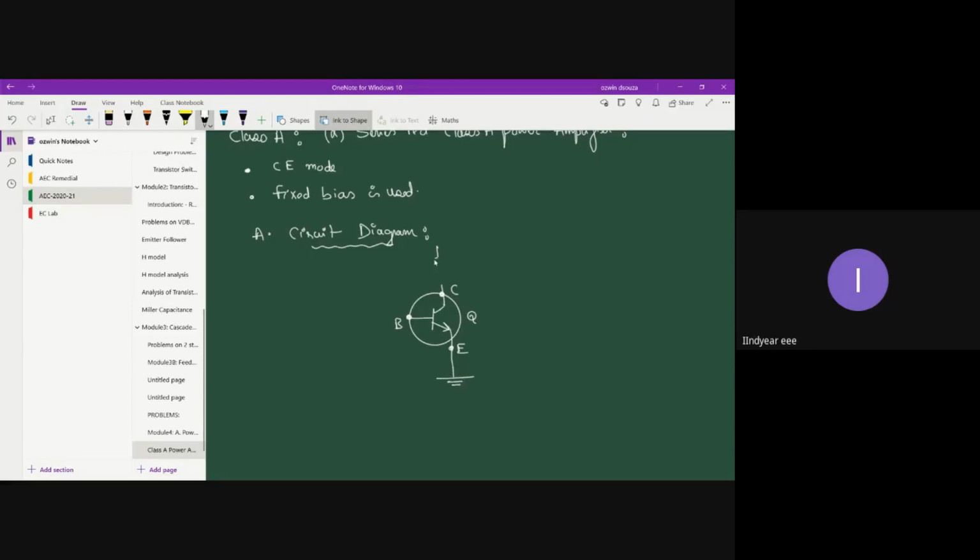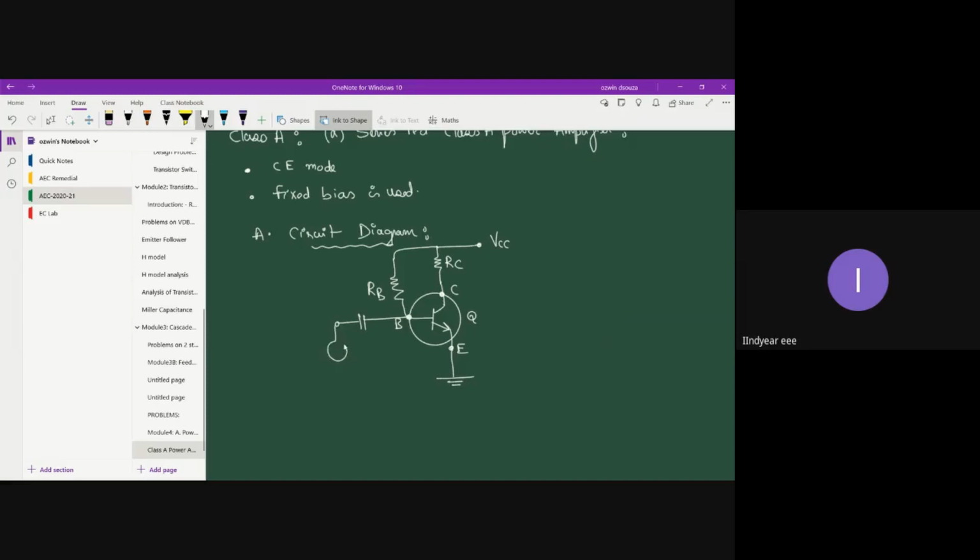Then you will have the collector resistor RC, followed by the base resistor RB. One side is connected to VCC. On the other side, the base terminal is being fed with an alternating signal.